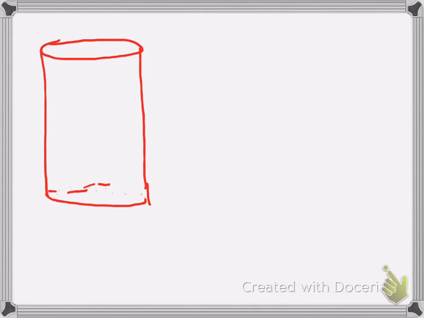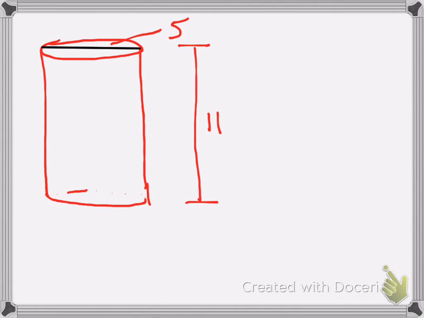So there's my Quaker Oats oatmeal box. And I'll outline the diameter. Let's say the diameter is this straight line here, and the diameter is 5, and the height is 11.